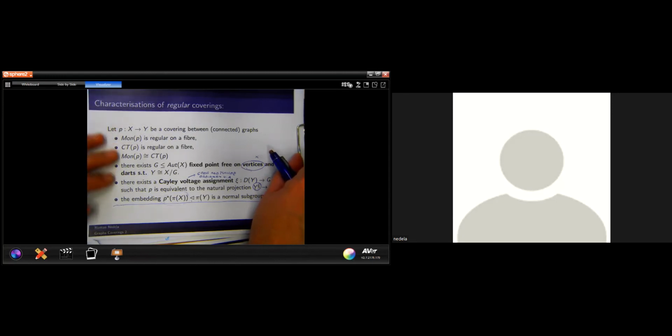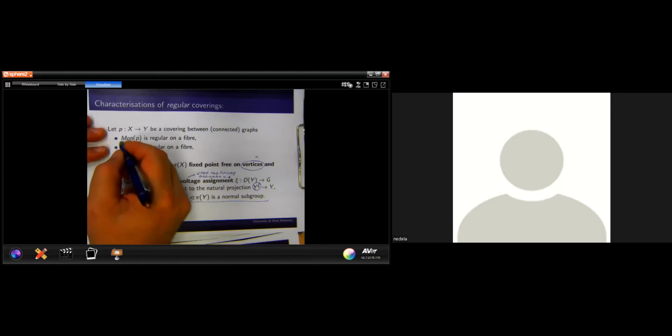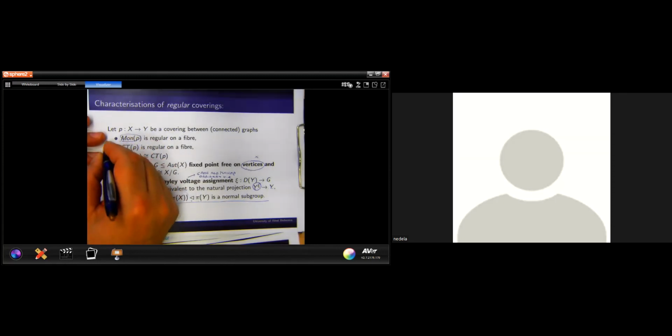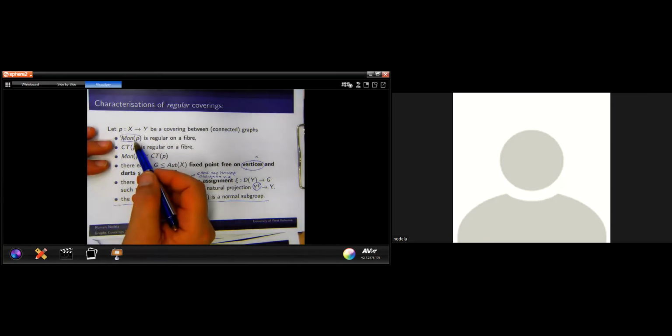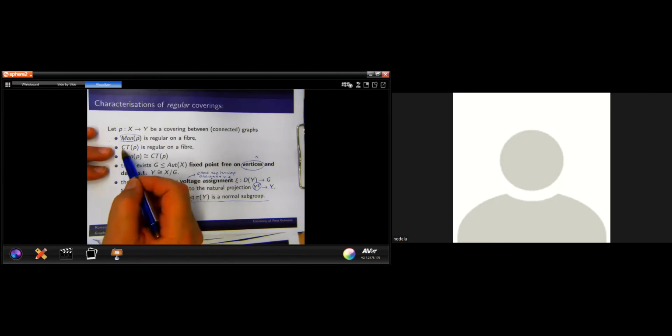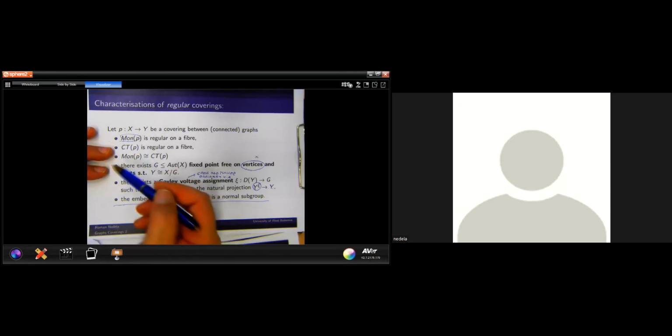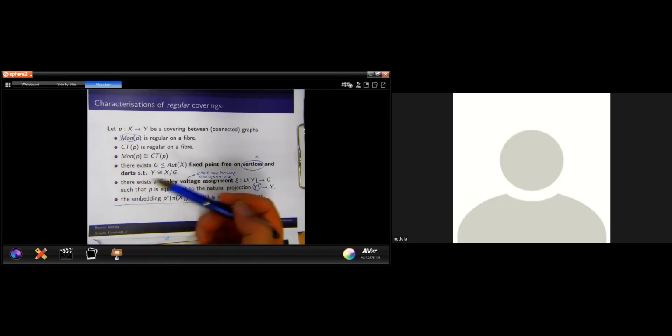If you start to think about this from the point of view that regular coverings are nothing but the natural generalizations of Cayley graphs, then you can recognize what is what. For instance, the monodromy group in Cayley graphs is the connection group from which it is created, and it may be given by right multiplication. What is the covering transformation group? For a Cayley graph, it is multiplication from the left.